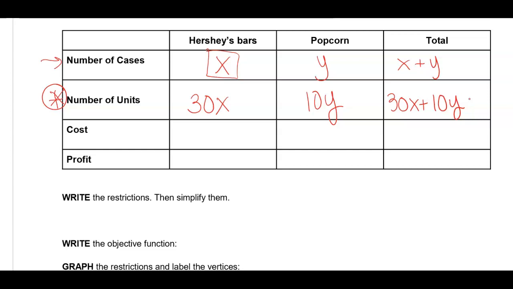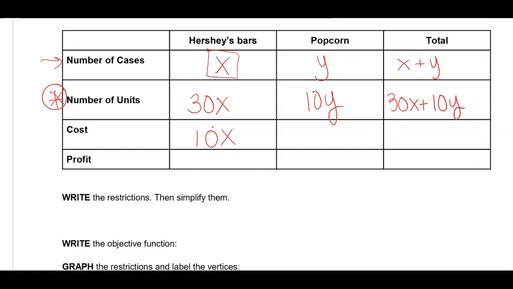All right, then we want to look at how much this is costing us. So the next row is about cost, okay? So cost of Hershey bars. So remember, X represents the number of cases. How much does it cost for each case? Yeah, $10. You guys see that up at the beginning? Okay. So the cost for me to order the candy bars is 10 times the number of cases.